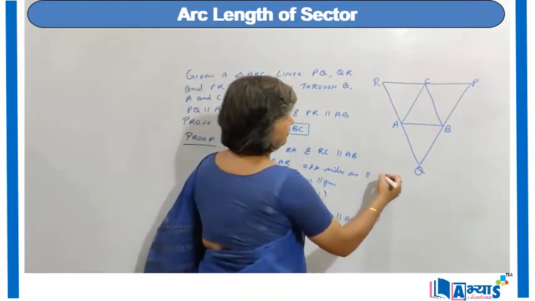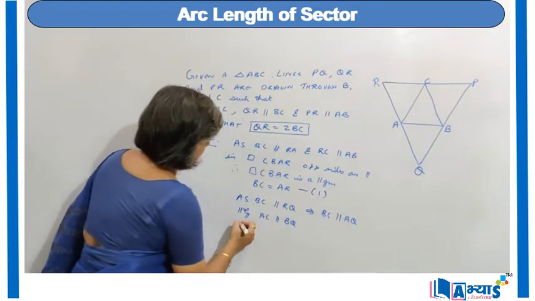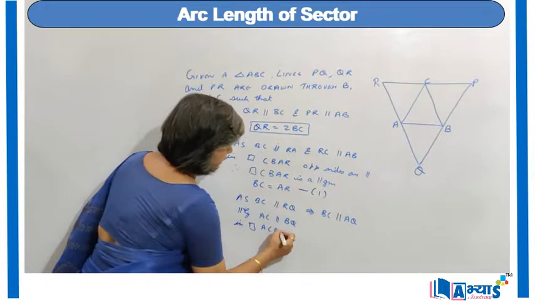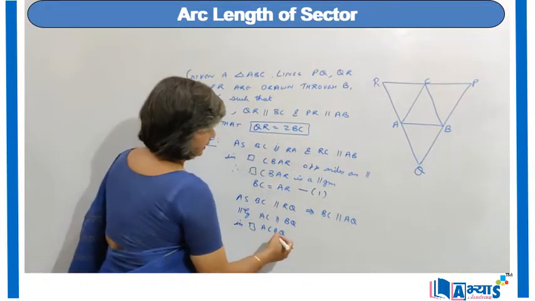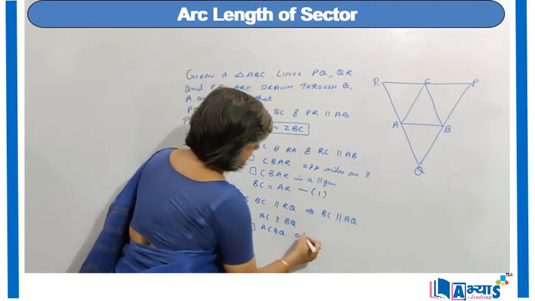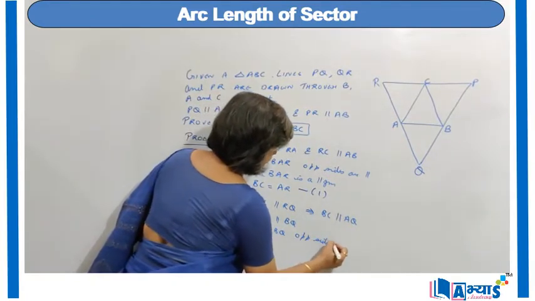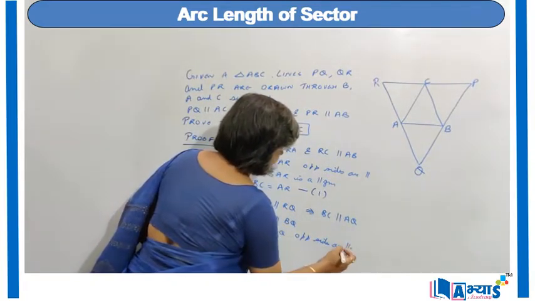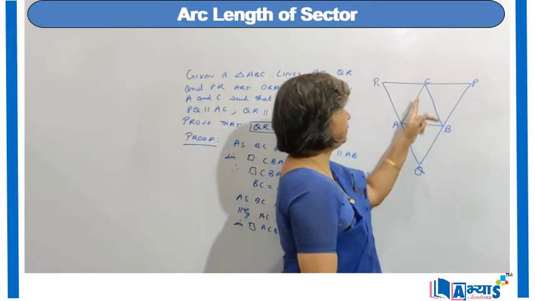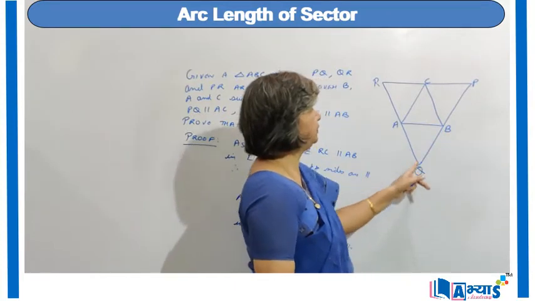Therefore, in quadrilateral ACBQ, opposite sides are parallel, because in ACBQ, AQ is parallel to BC and BQ is parallel to AC.